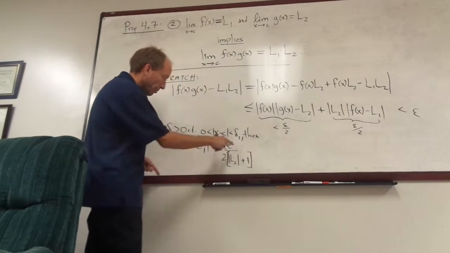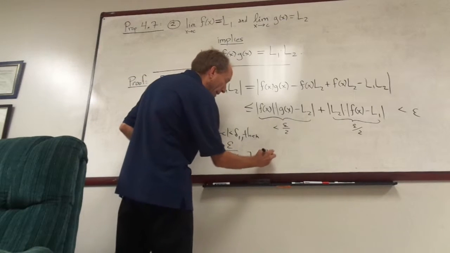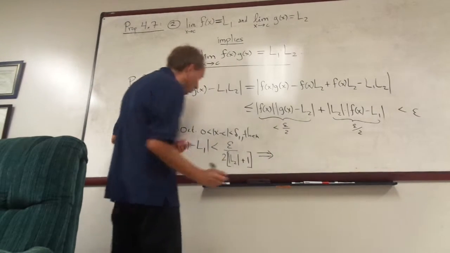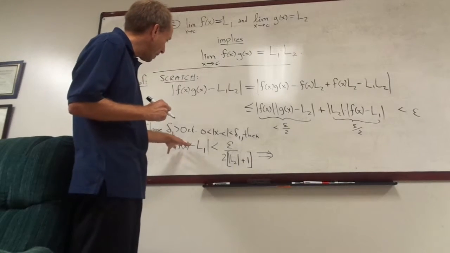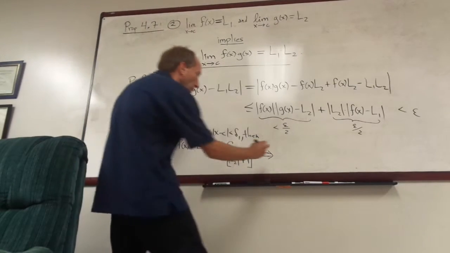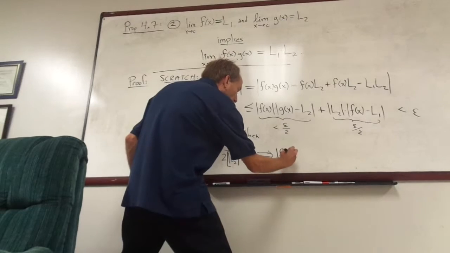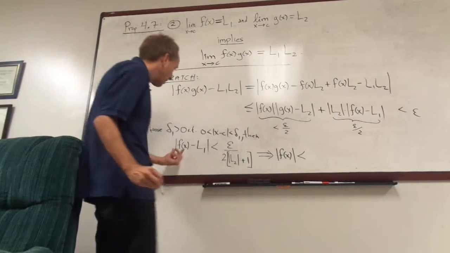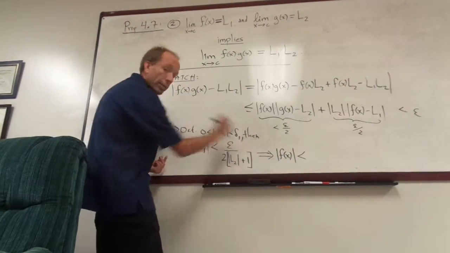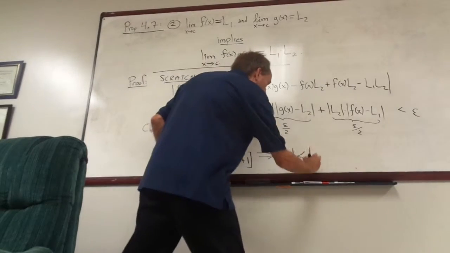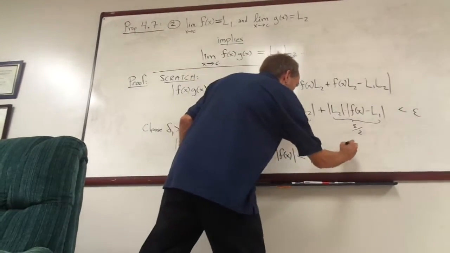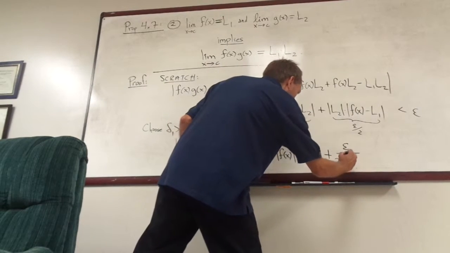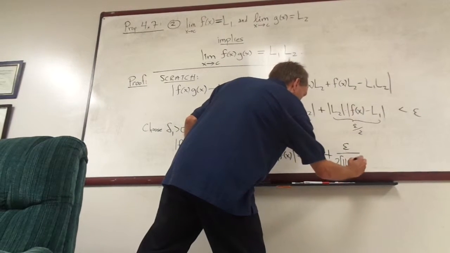However, if we assume that our final delta will be smaller than delta 1, then we can use this inequality to control how big f of x could be, right? Because if you just move the L1 to the other side of the equation, you basically can put absolute L1 there plus epsilon over 2 times the absolute value of L2 plus 1.